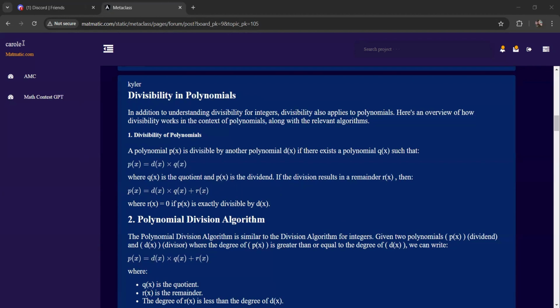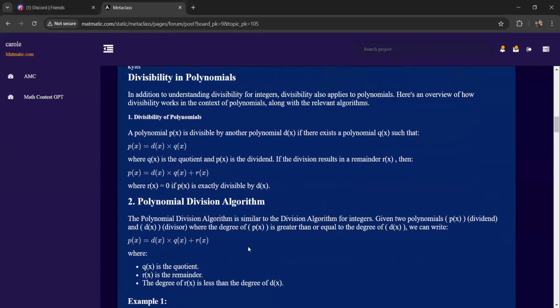So here we have the polynomial division algorithm. It's just the same as the division algorithm, but for polynomials. You can tell from the title. So given two polynomials, p(x) and d(x), the degree of p(x) has to be greater than or equal to the degree of d(x).